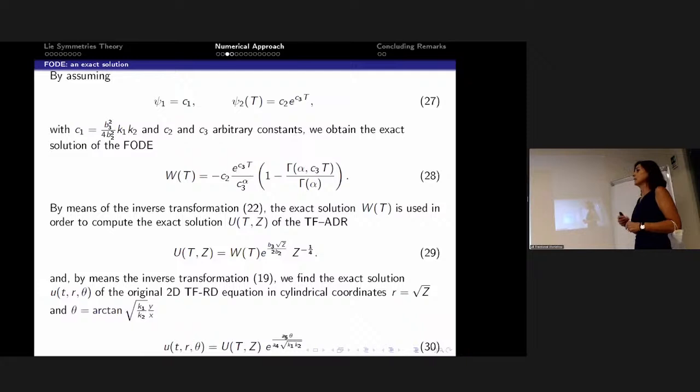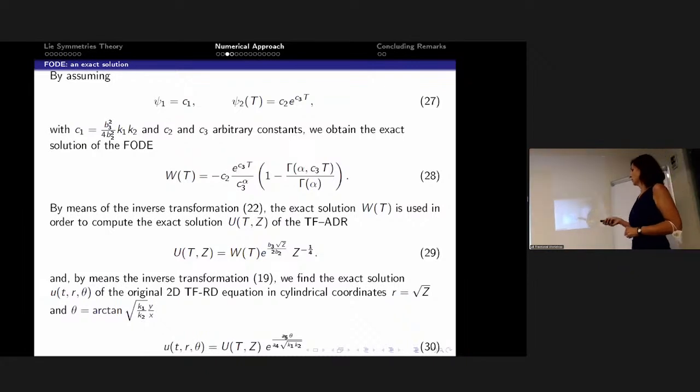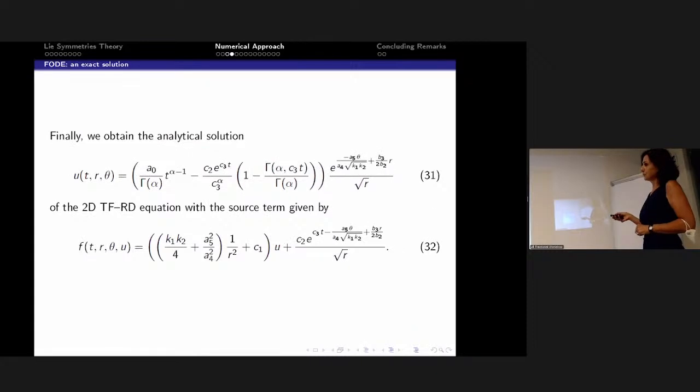By means of the inverse transformation, we obtain the exact solution of the time fractional ADR model, and by means of another inverse transformation, we obtain the exact solution of the original model reported at the bottom of the slide. In this way, we are solving a time fractional reaction diffusion equation in two-dimensional space. Here we report the complete form of the exact analytical solution of the model where the source term is given by 32.